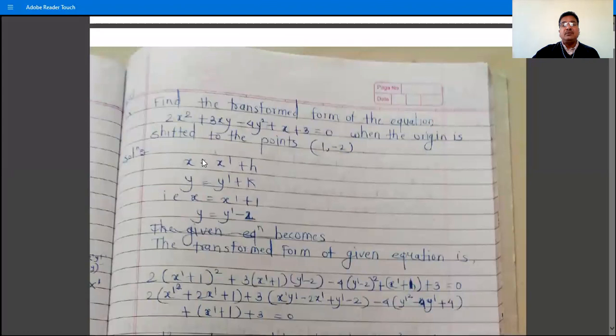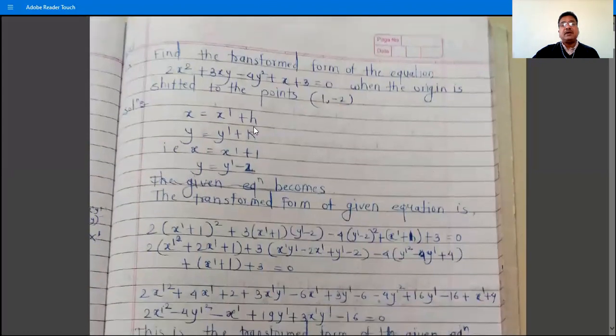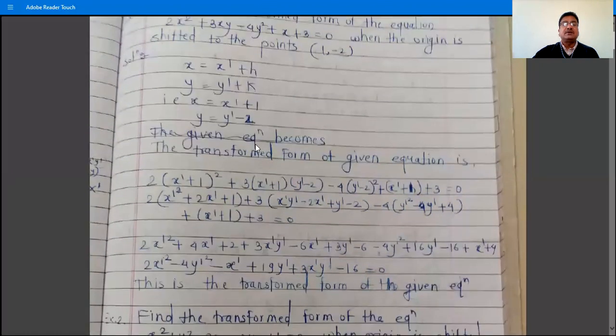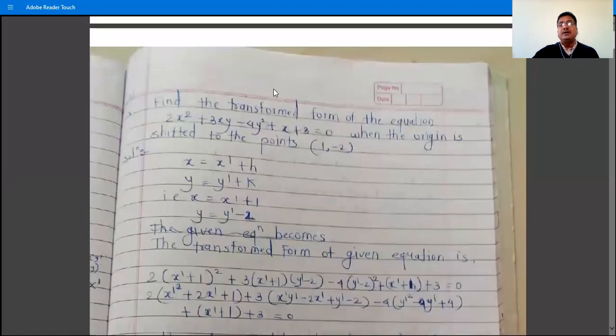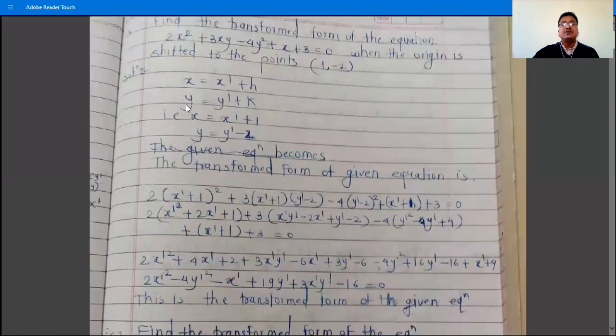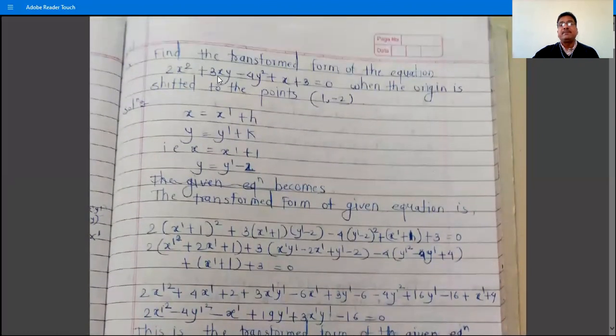So we just substitute x is equal to X dash plus 1 and y is equal to Y dash minus 2 in this equation.